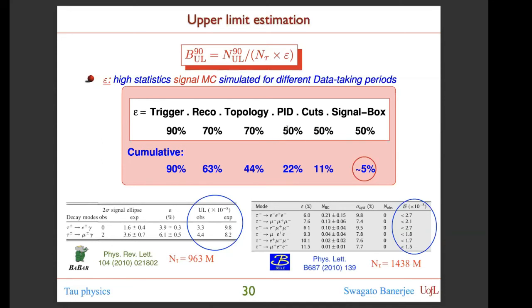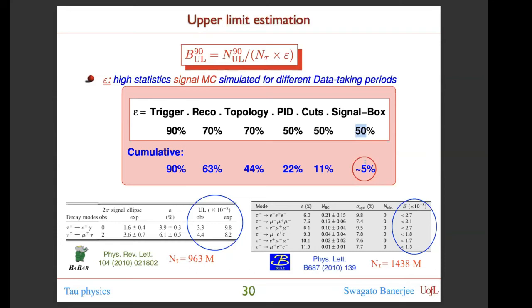Particle identification cuts have efficiency of 50%, and similarly we can have cuts on the signal box, which typically give an efficiency of the order of 5%, between say 2 and 10% roughly for the different searches.